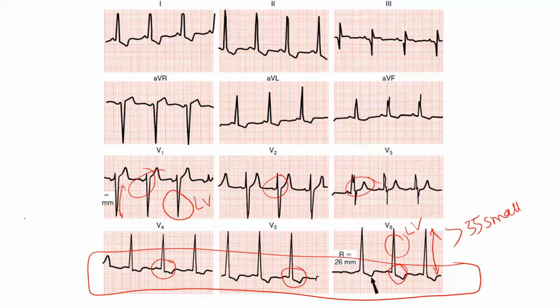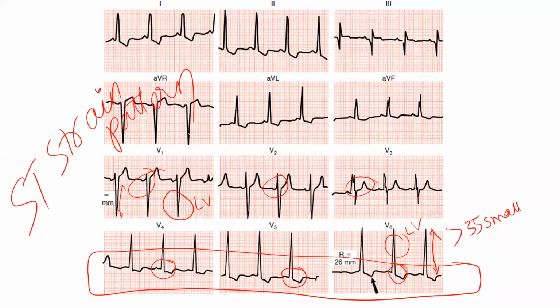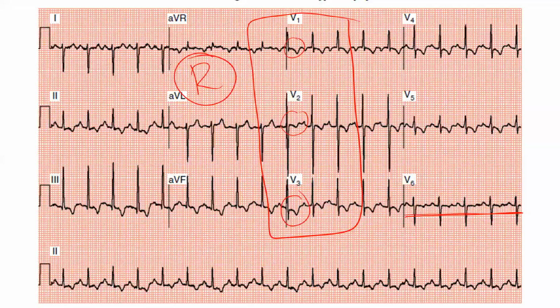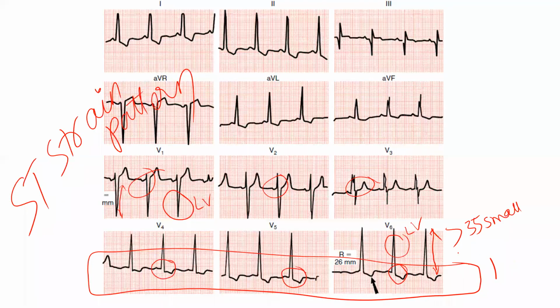That we call the ST strain pattern. Here we are having strain pattern in the right-sided precordial leads because of RVH. This side we are having left-sided precordial leads. We are having strain, that is slight amount of ST depression.